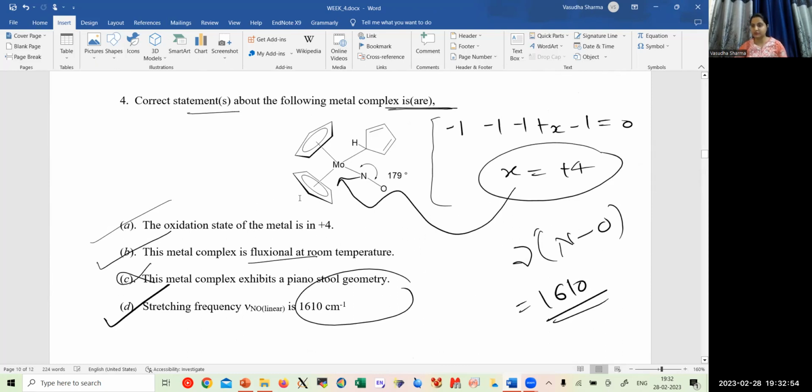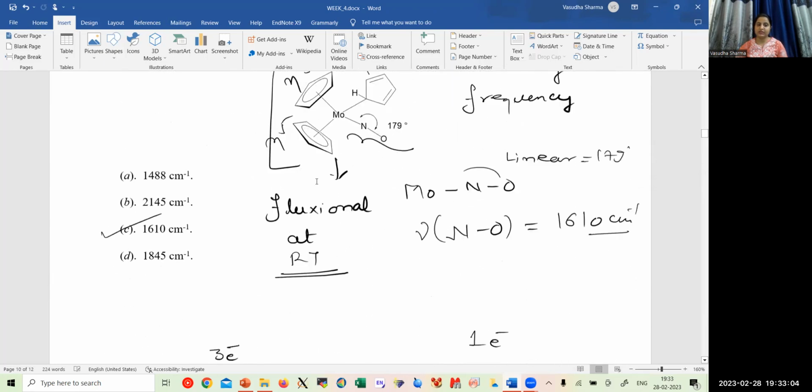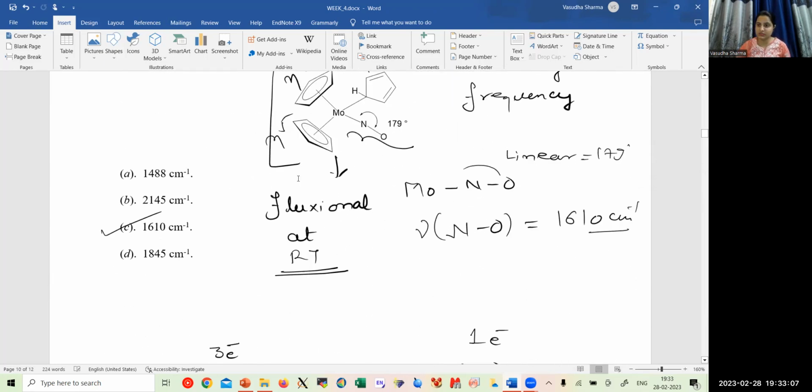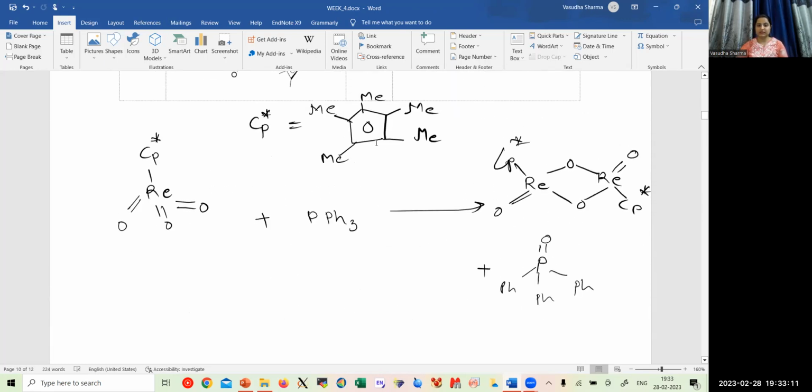So this was the main, important molecule where it shows the fluxional behavior as we have the Cp rings and the nitrosyl. And here also we saw the fluxionality and how the stretching frequency is now 1610, linear in linear form.